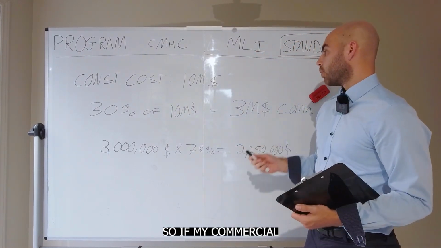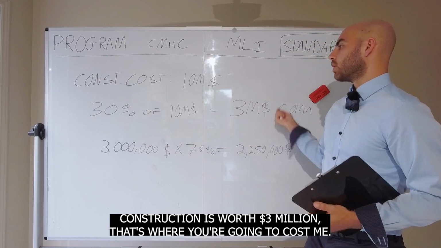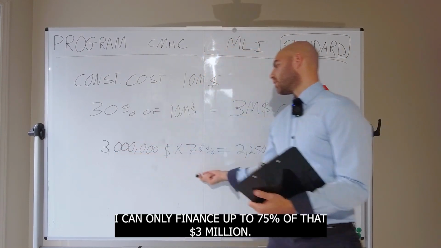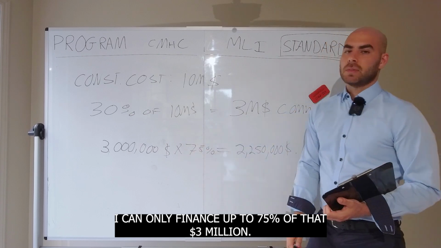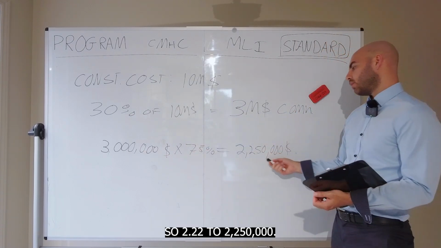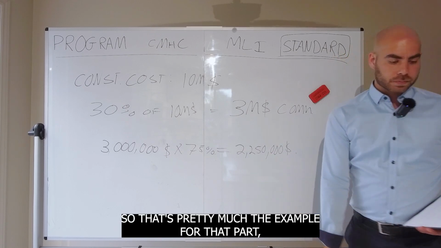So if my commercial space in construction is worth $3 million, that's what it's gonna cost me, I can only finance up to 75% of that $3 million. So $2,250,000. So that's pretty much the example for that part.